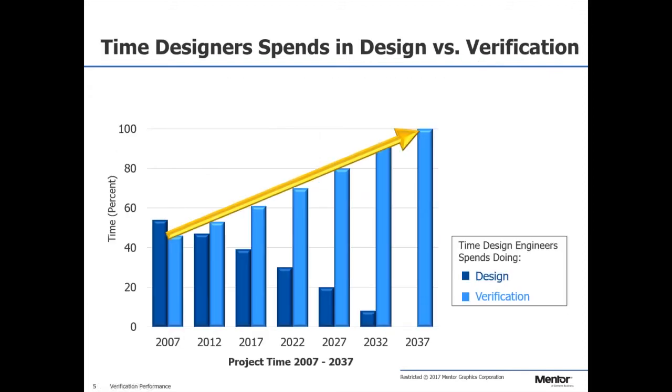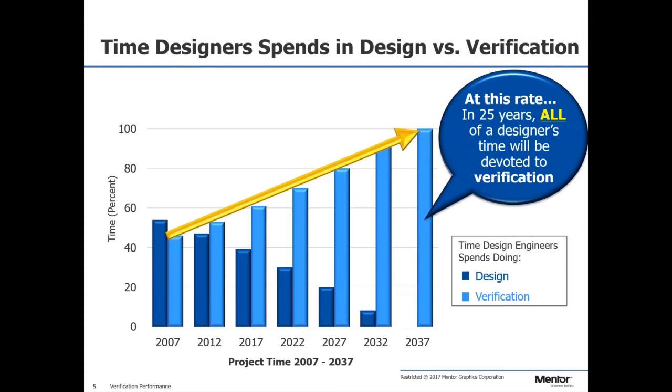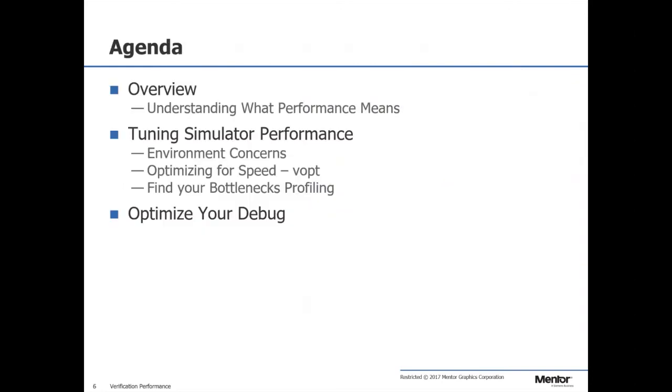If you followed that trend to its logical conclusion, obviously this is a bit of a joke, but within about 25 years, all of the time is going to be spent on verification and none of the time on design. So anyway, that's kind of just the background here.